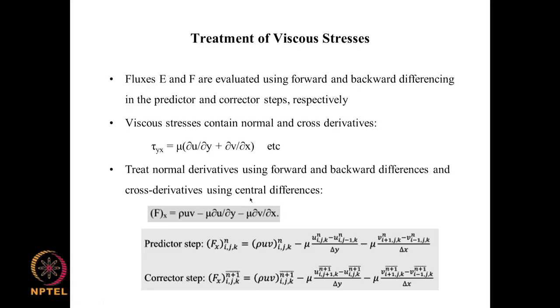Now, if you look at this term here, this is also some dou v by dou x, another derivative. And how do we evaluate this? This is dou v by dou x, and it is evaluated as v i plus 1 minus v i minus 1 by 2 delta x, there should be 2 here. So, that is being evaluated as a central differencing.